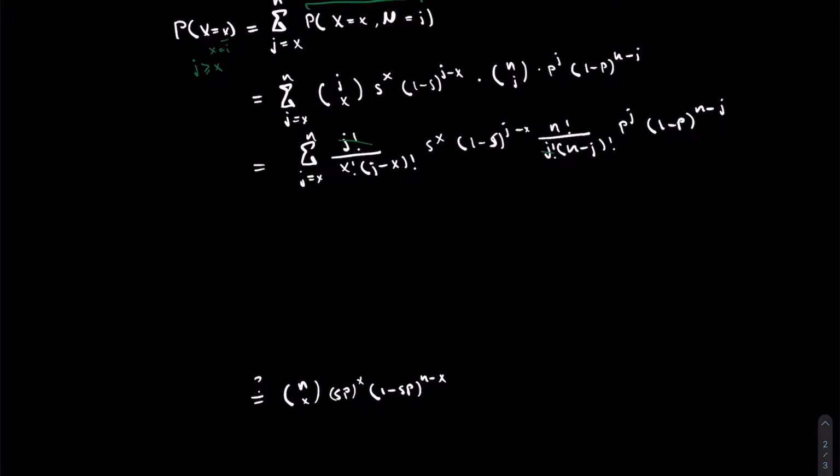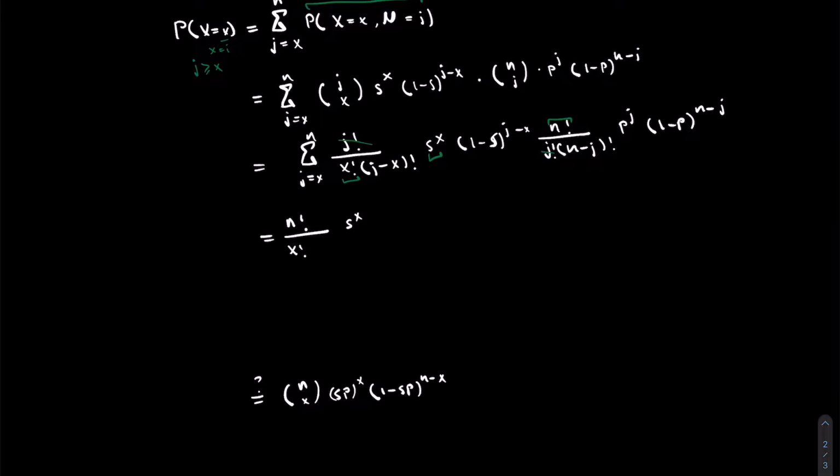So let's collect terms. We have the n factorial, and we have the x factorial. So we have just pulled out this term, that term, we have the s to the x, that is this term.